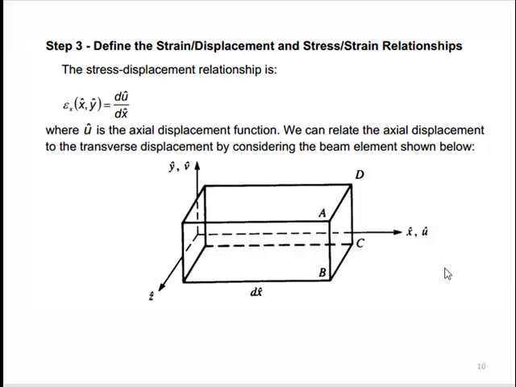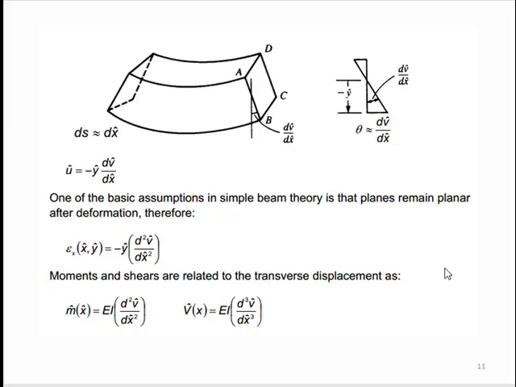Okay, let's see how we are going to make use of that. If this is the part of the deformed beam, what is this slope dv by dx? If we draw a tangent at this point, the slope of that tangent would be dv by dx.